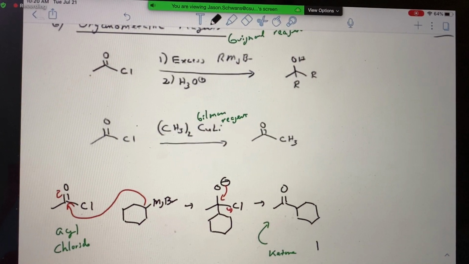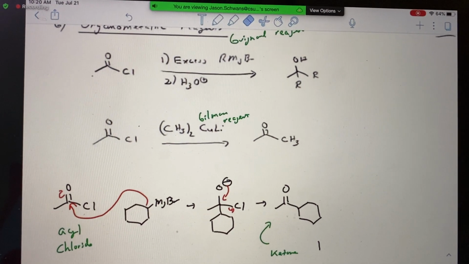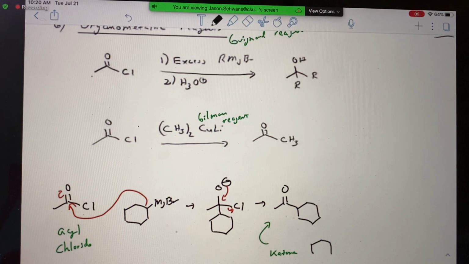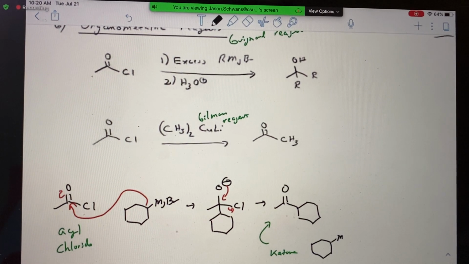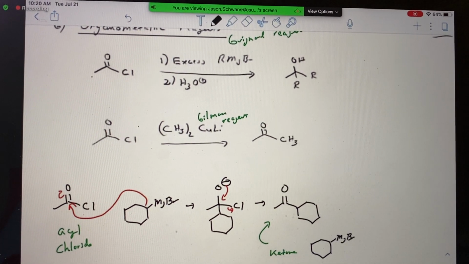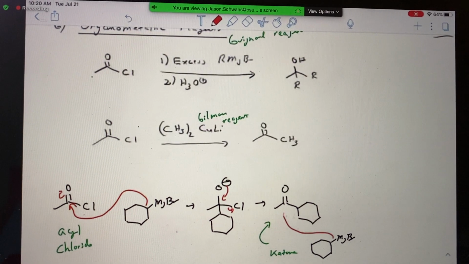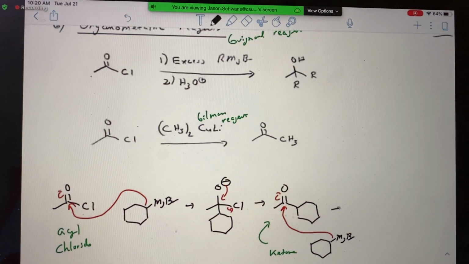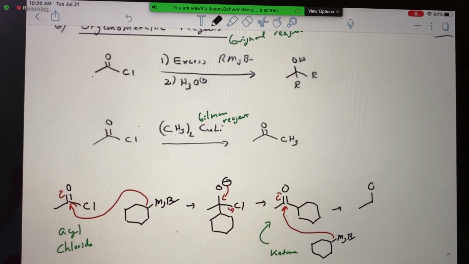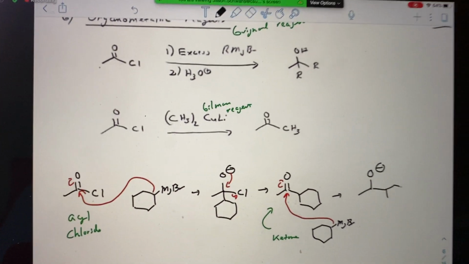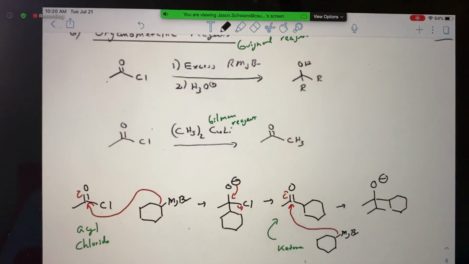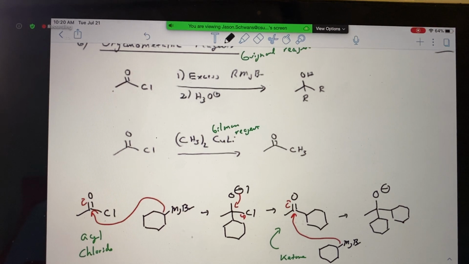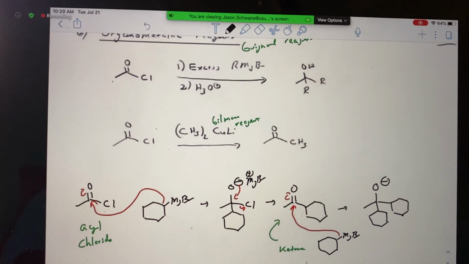So let's have another equivalent of the Grignard reagent. So original cyclohexane, let's have another one here. And we could put the counter ion in here as well.